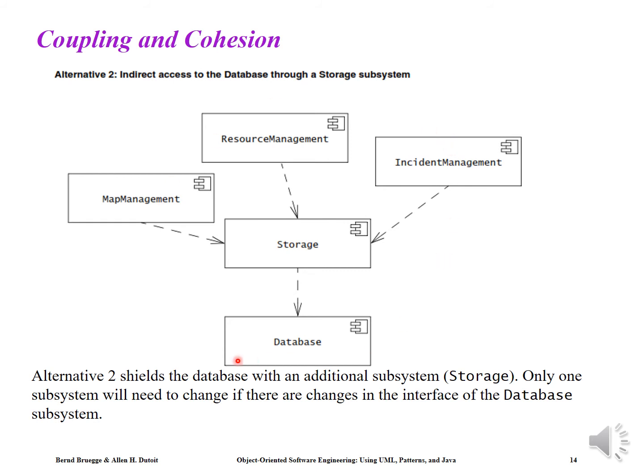So a change in the database subsystem will not affect the three subsystems, but only the storage subsystem, as it is interacting with the database. So which design is better in terms of coupling, alternative 1 or alternative 2? Obviously alternative 2.